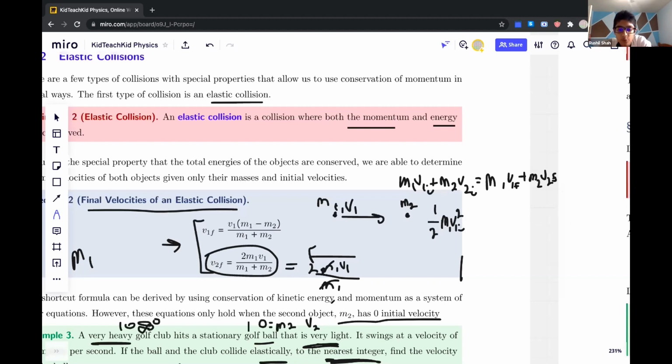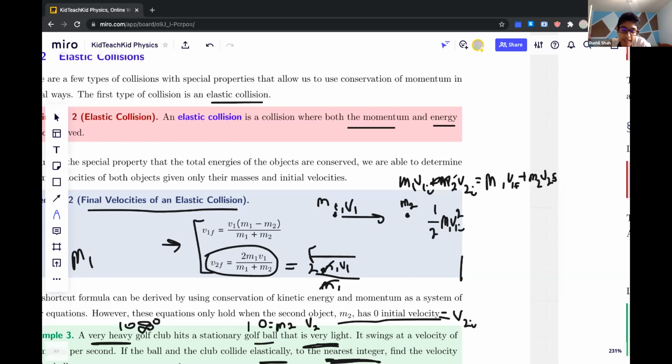And also, we know that this only holds when the second object m2 has zero initial velocity. So this just means that v2I, the initial velocity of the second object, is zero.